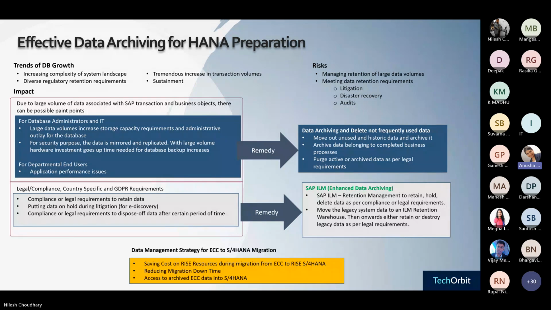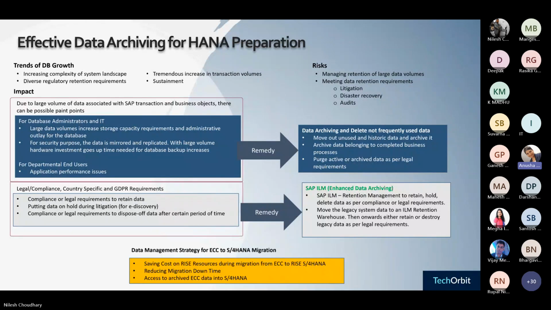You can also read the data archived in your ECC system in S4 HANA. So we are not saying that the data will be lost. Whether you are going to S4 HANA or going from one system to another, your data is not lost. You will always have a mechanism or process for reading the archived data at any point of time.